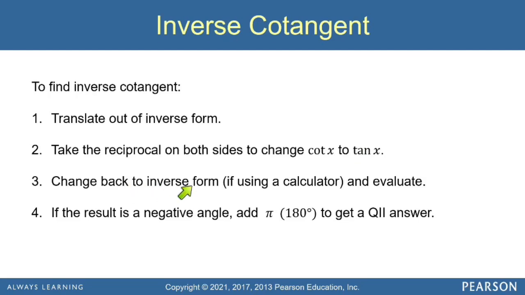And then we will change back to inverse form if we're using the calculator and evaluate. If we get a negative angle, which will be a quadrant 4 angle, we know that we need to change that to a quadrant 2 angle. So we will either add pi radians or 180 degrees so that we have a quadrant 2 angle.